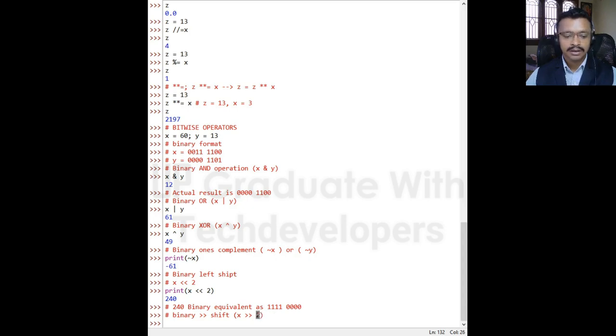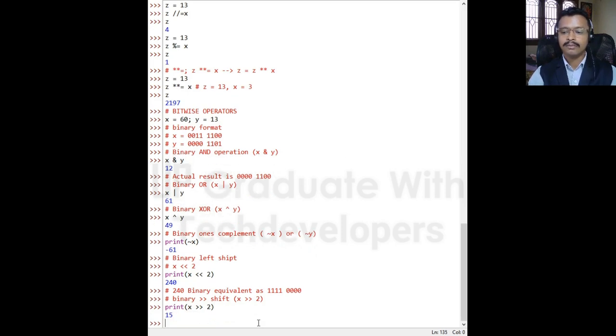Here the right operand value is 2 and the left operand value is 0 0 1 1 1 1 0 0. Let us do this. The result will be the decimal value 15. Binary equivalent is 0 0 0 0 1 1 1 1. Okay.